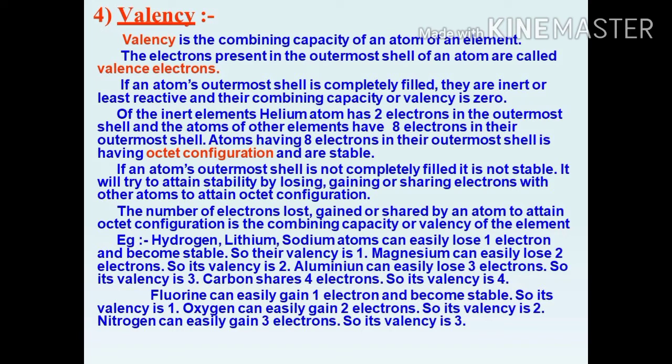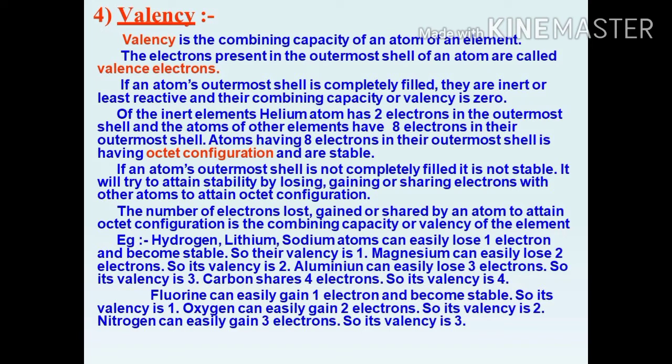In the last class, I showed one diagram. In hydrogen, the outermost orbit contains only one electron, helium contains 2 electrons, lithium 1 electron, beryllium 2 electrons, boron 3 electrons, carbon 4 electrons, etc. The electrons present in the outermost shell of an atom are called valence electrons.